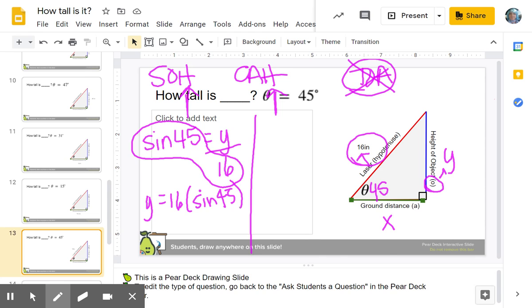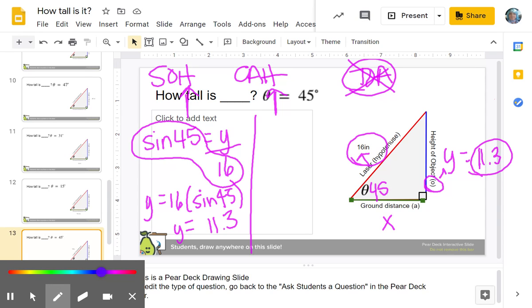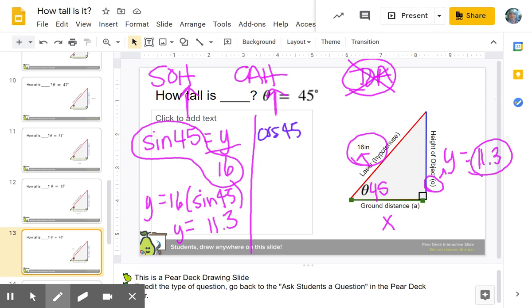We can do that before we go on. 16 times the sine. So what do you get? So did I. So the height of our triangle is 11.3. So then we can come over to cosine, right? Cosine, again, of the angle equals, this time we want the A, so that's X, over H, which is still 16.